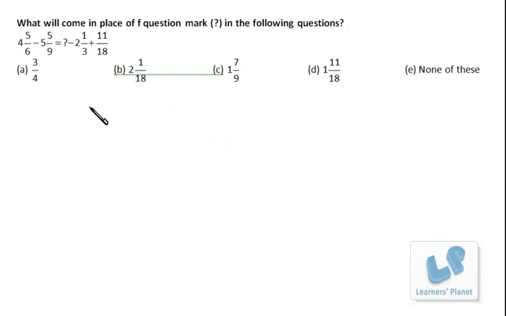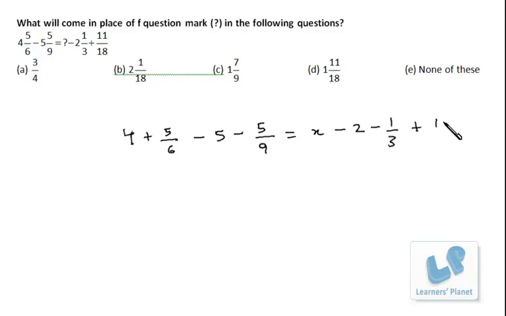Now this is a simple problem of fractional addition and subtraction. Let's do it. It's 4 5 by 6 that can be written as 4 plus 5 by 6, minus 5 minus 5 by 9 is equal to x minus 2 minus 1 by 3 plus 11 by 18, right?